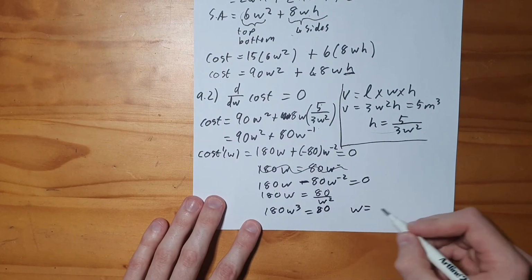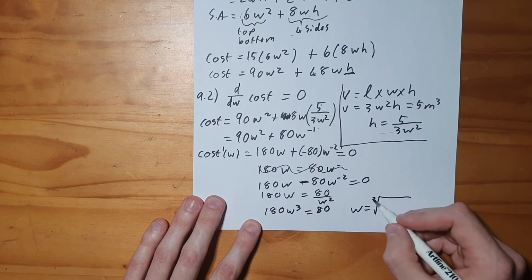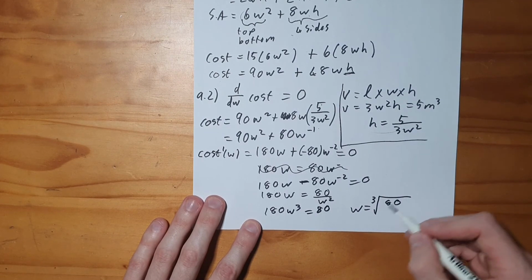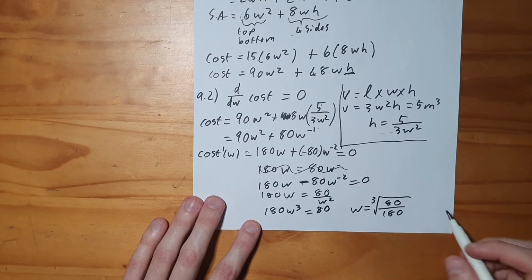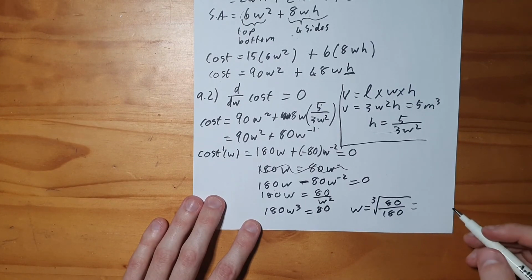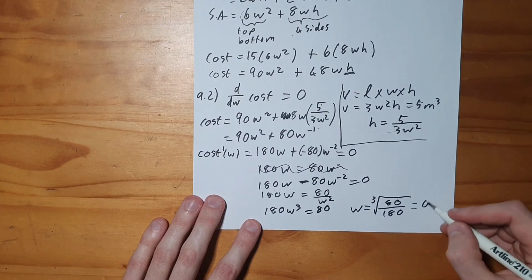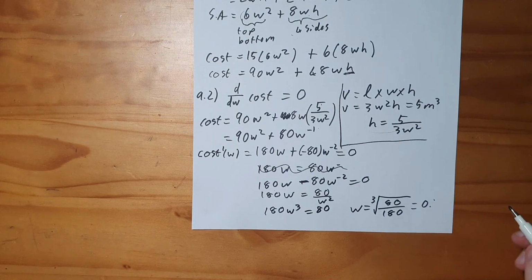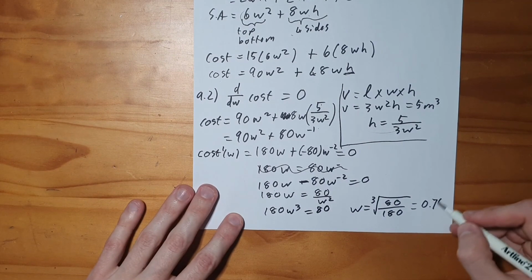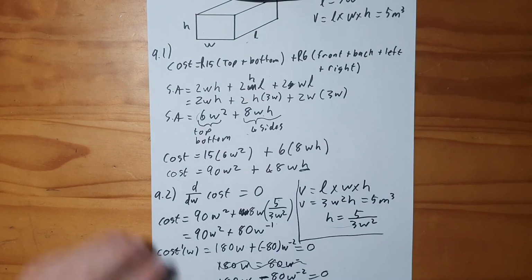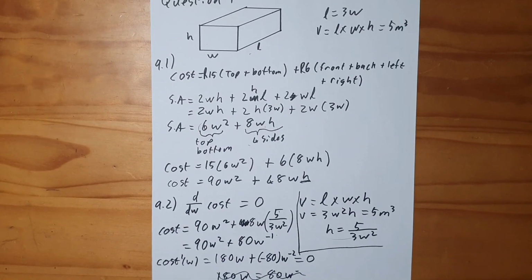So w is going to equal the cube root of 80 over 180. If you plug that into your calculator, you should get a value of 0.76 meters. And that's how we go about doing this question.